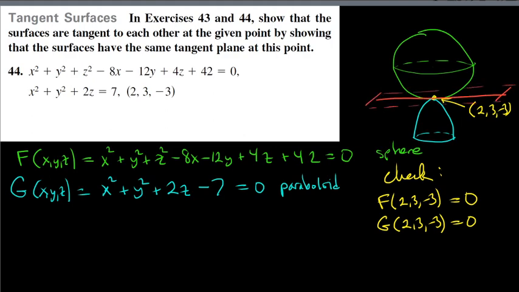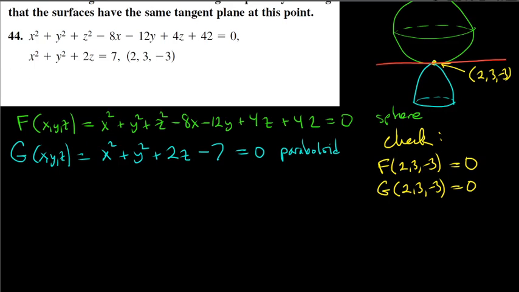So that's the tangent plane right there. I'm drawing it horizontally. I don't know that it is. I'm pretty sure it is, but we'll determine that later. So basically just find the equation of the tangent plane to the sphere and then to the paraboloid, and we'll see if it's the same plane.